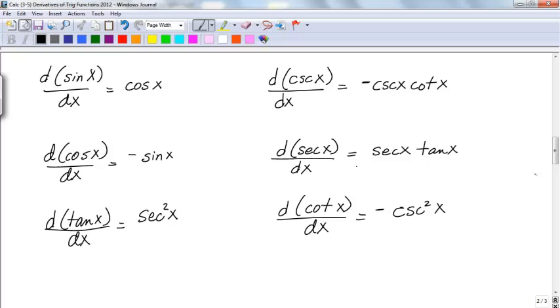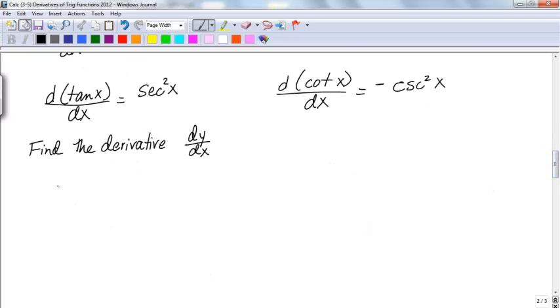When they give you problems to work, they will just say in the directions, find the derivative, and they might say f prime of x, they might say y prime, they might write, find the derivative of y with respect to x.